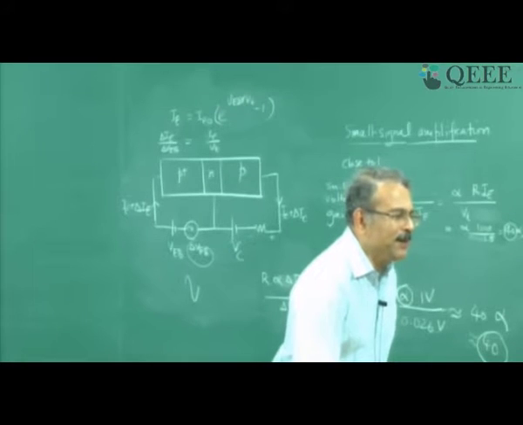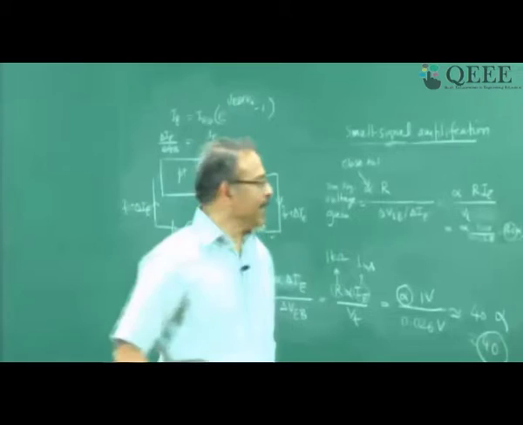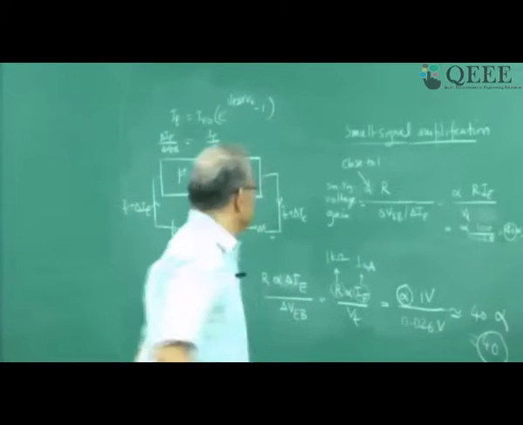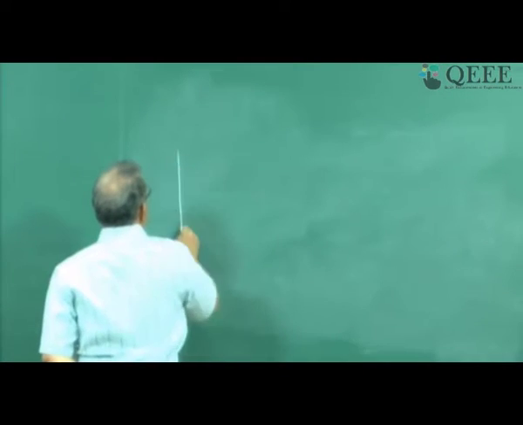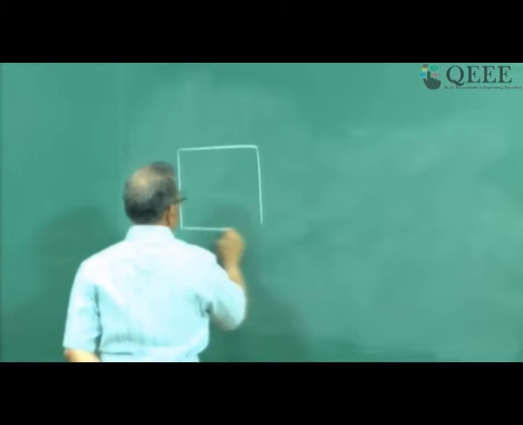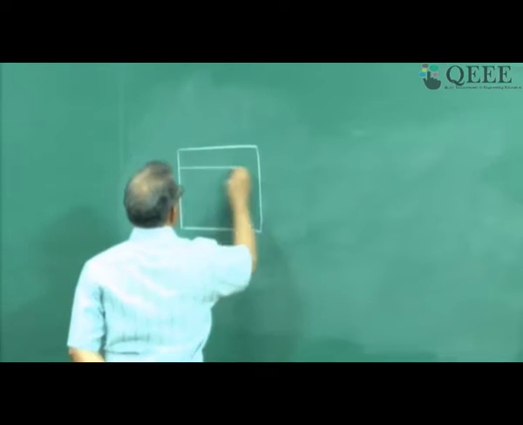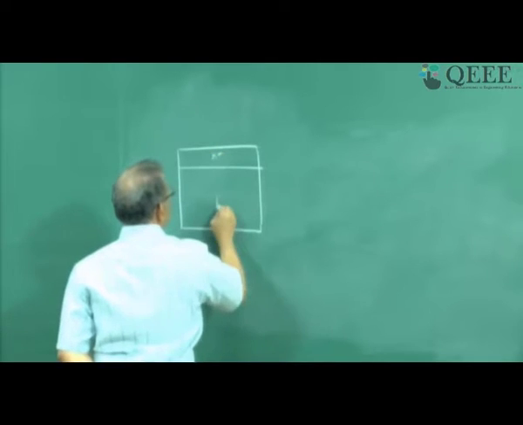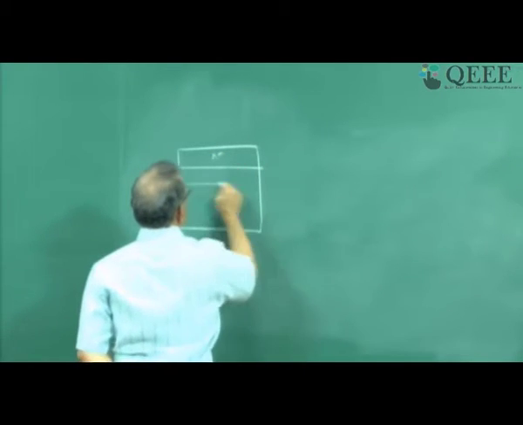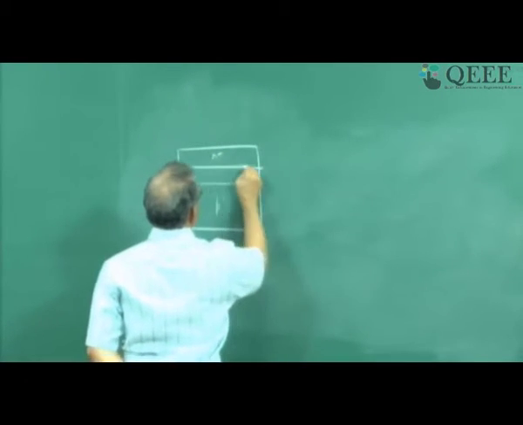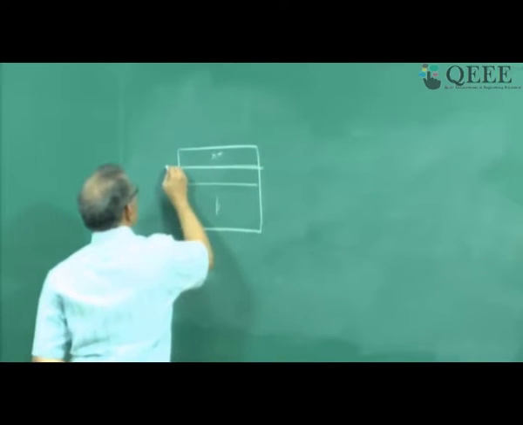Because the potential drop between N and P, the built-in potential, should be the same. And now you have, let me show that on the board. So this is N plus P junction and you have a built-in potential like this.